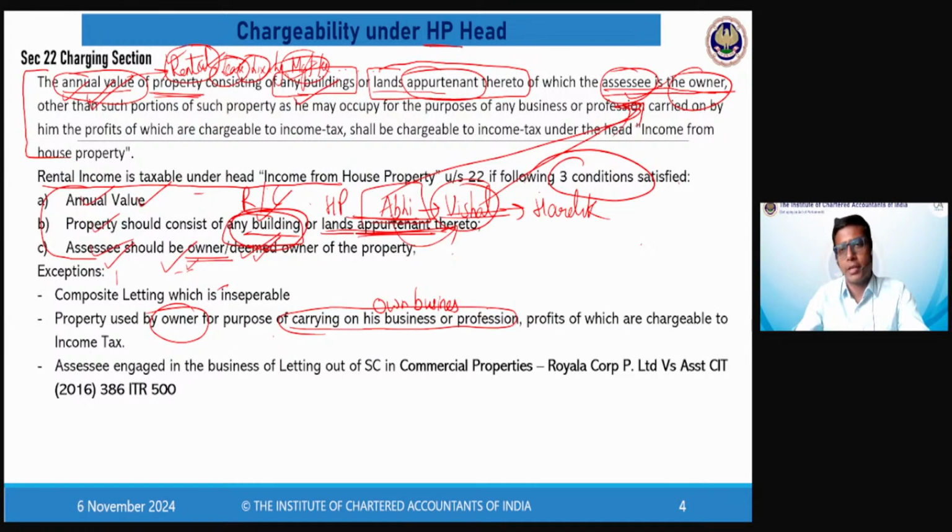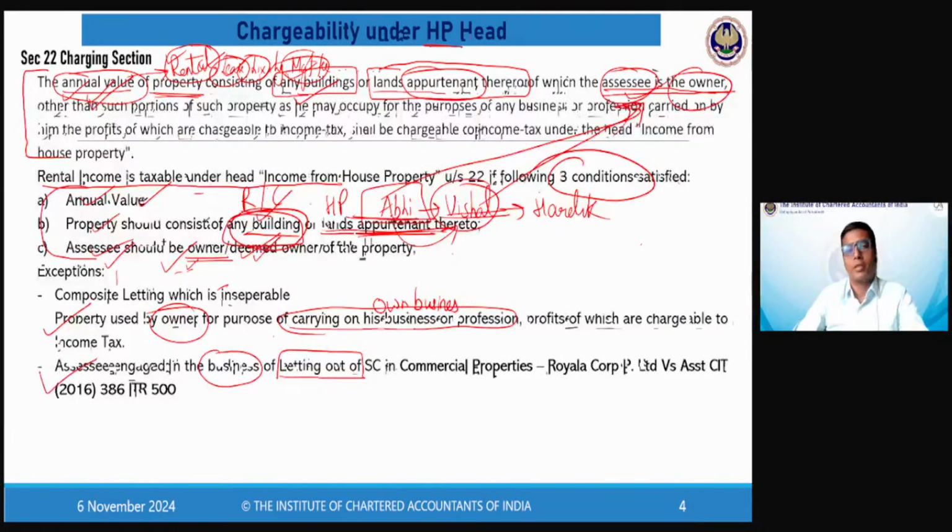Now, this is interesting. Please pay attention. Now you are in the business of letting out of properties. First of all, please understand the difference between this and this.